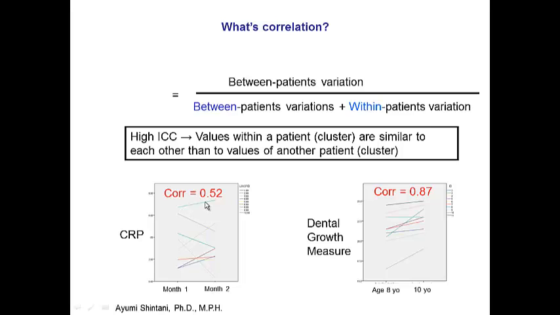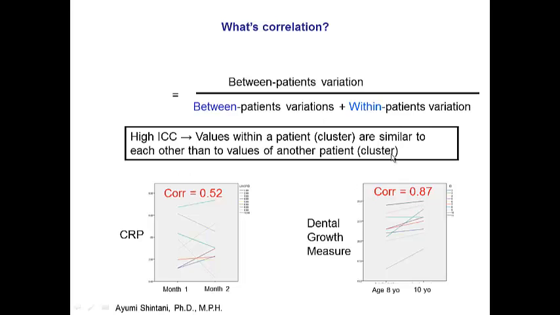That means repeated measures are a lot more stable within a patient over time. This data has a much higher correlation, and dental growth measures are more stable than CRP. Therefore, they don't change as much within a patient compared to CRP data.